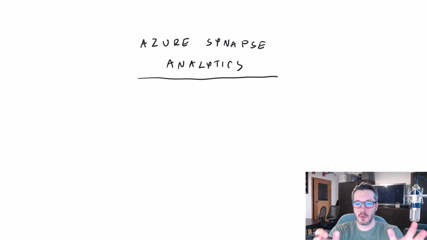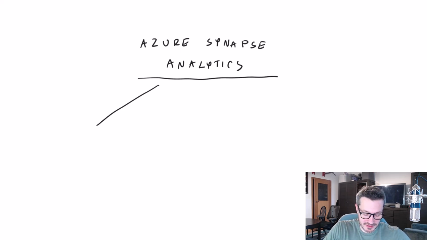All right, so what is inside Synapse? As I said, Synapse is just an umbrella that combines various components inside. The first component that I want to talk about is called pipelines. And as you will see later on, pipelines is simply Data Factory.